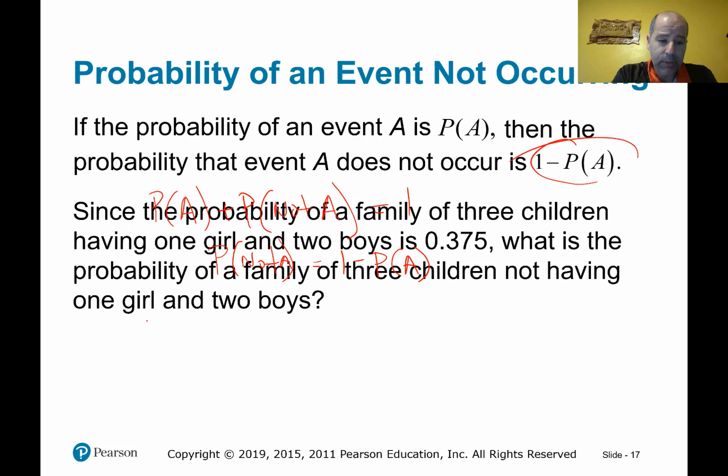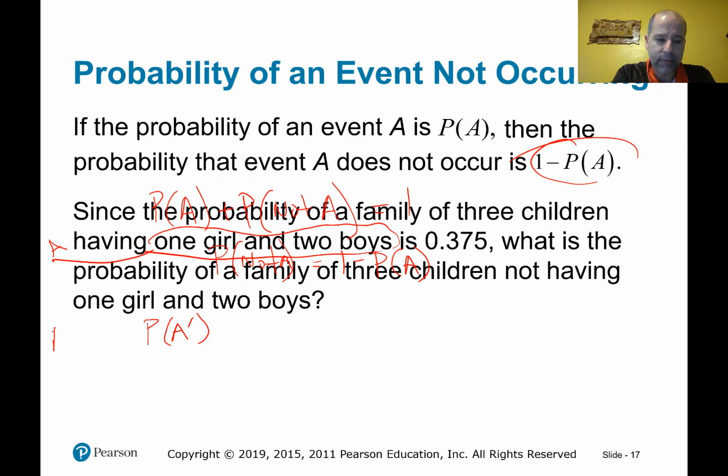We'll call having 1 girl and 2 boys event A. And so we want the probability of not A, and I'm using the apostrophe symbol, which we call prime, so A prime. This is not A, okay?